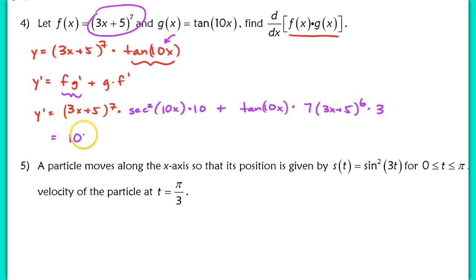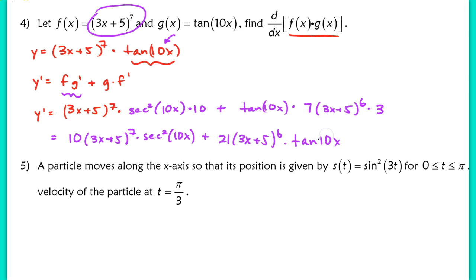Let's write this as 10 times (3x + 5)^7 multiplied by the secant squared of 10x, plus 21 times (3x + 5)^6 multiplied by the tangent of 10x. Okay, so this is that derivative with respect to x.